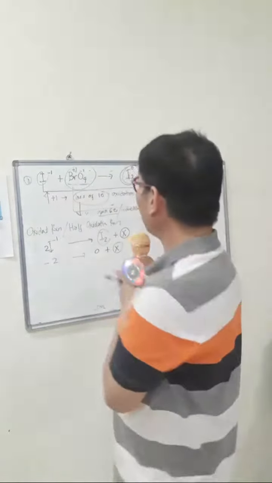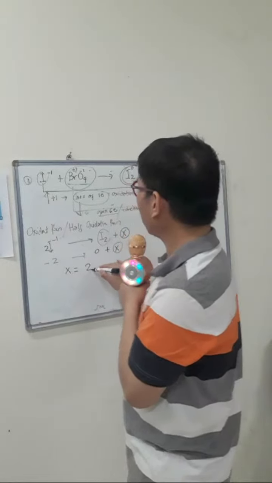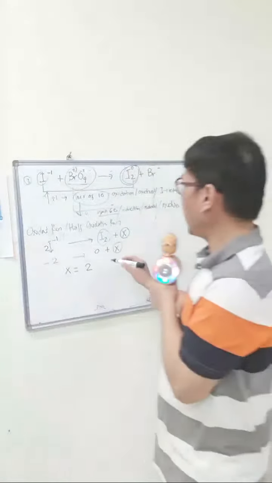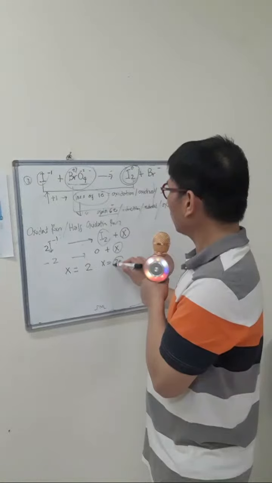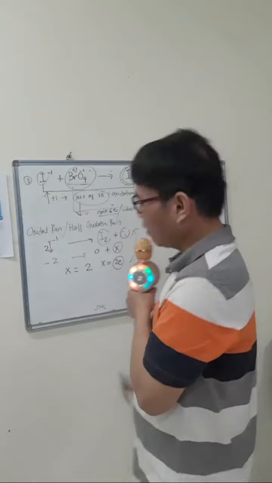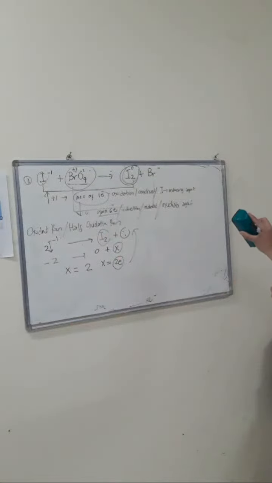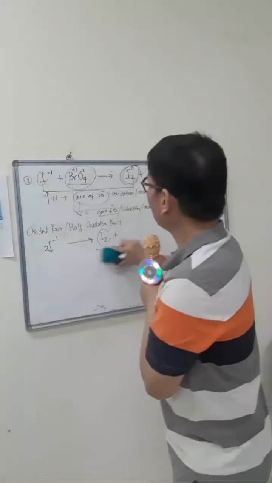Then we will say x is equal to 2, right? Therefore x is equal to 2 electrons. Then these 2 electrons will be added here. In your equation, remove the x, like this. So 2 electrons, mga palangga.